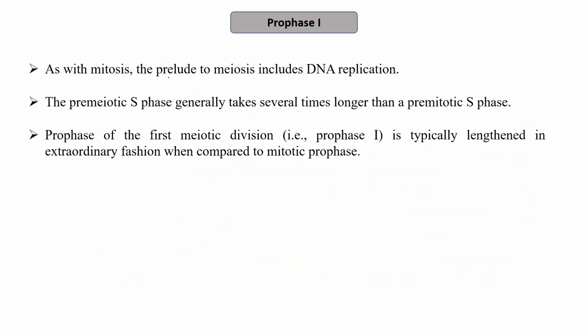As with mitosis, the prelude to meiosis includes DNA replication. Firstly, DNA replication has to happen in the premeiotic phase, which is before meiosis. The premeiotic S phase generally takes several times longer than a premitotic S phase.